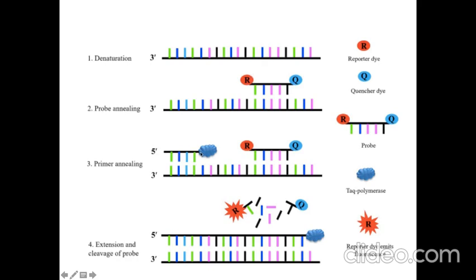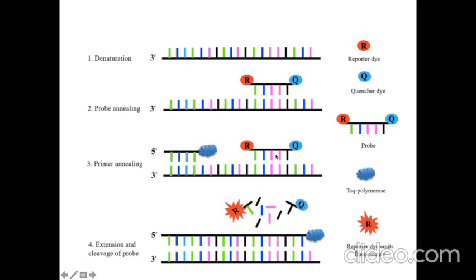During the replication process, when the primer extension happens, the polymerase enzyme has the ability to degrade that oligonucleotide particle which is present in its way. So during the primer extension process, it degrades the probe which is attached to the target, and the target is present in between the 2 primers.